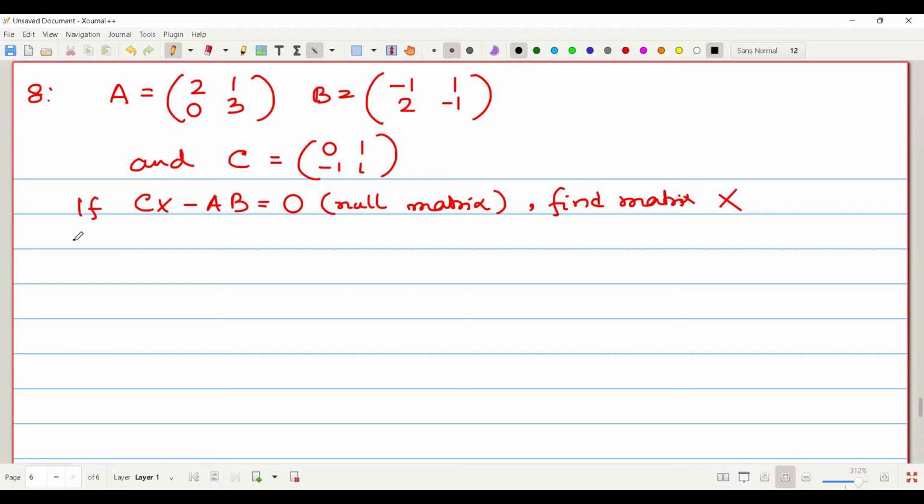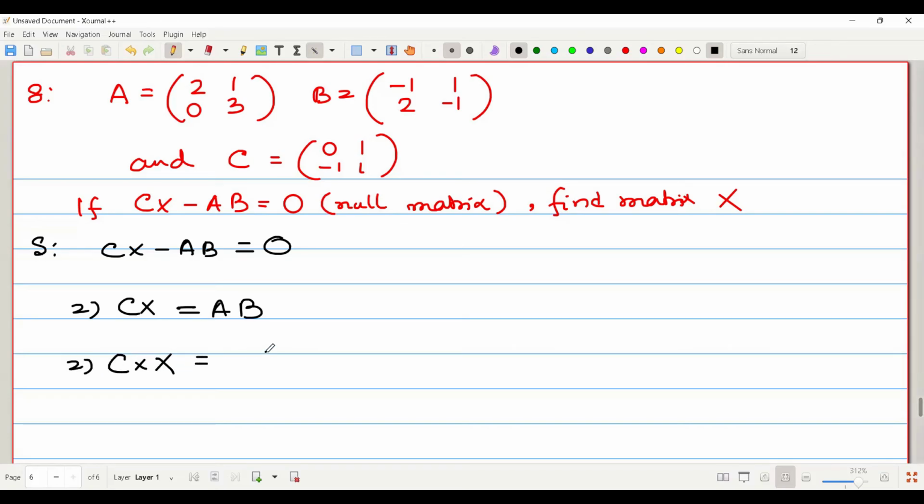So let's check what is the solution. We have CX minus AB is equal to the null matrix, so we can say CX is equal to AB. Now what is the value of CX? Now we can put the value of A and B here. So C into X is equal to [2, 1; 0, 3] and [-1, 1; 2, -1].